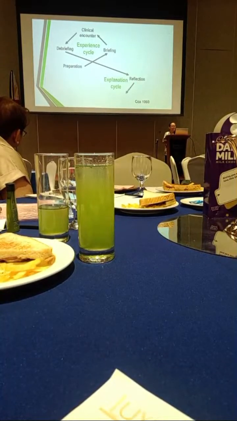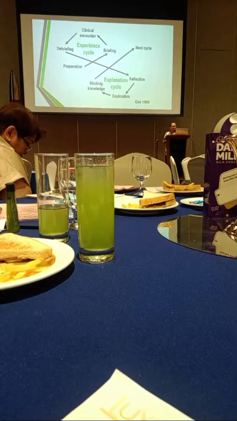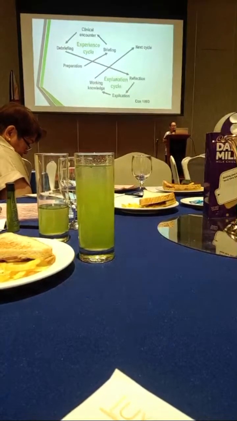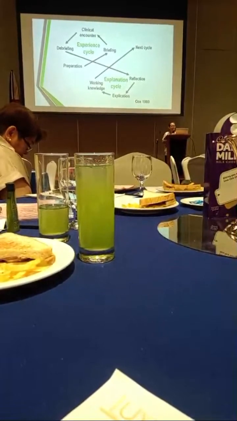After you have reflected on that experience, then you explicate and explain and try to think also of what you have seen before that you might be able to use for this particular session before you go to the next cycle. So this is the Cox model, and it's like the PDCA cycle: plan, do, check, and then do another cycle of plan, do, check.